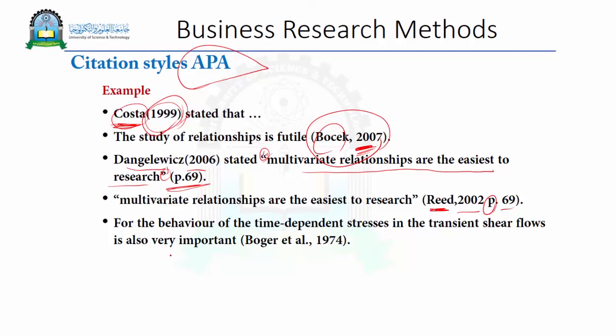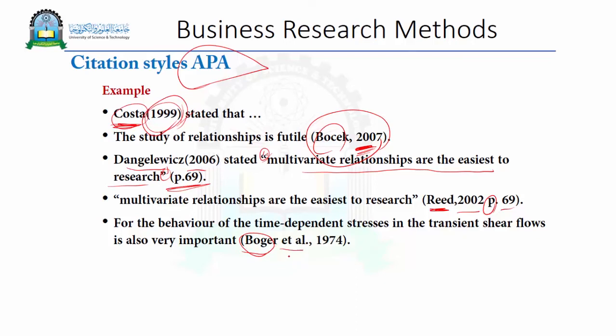If you are going to cite a work done by many authors, so if it's two, you mention the family name of the first one and the second one. If it's more than two, you write the family name of the first author, and then et al., which means and others.